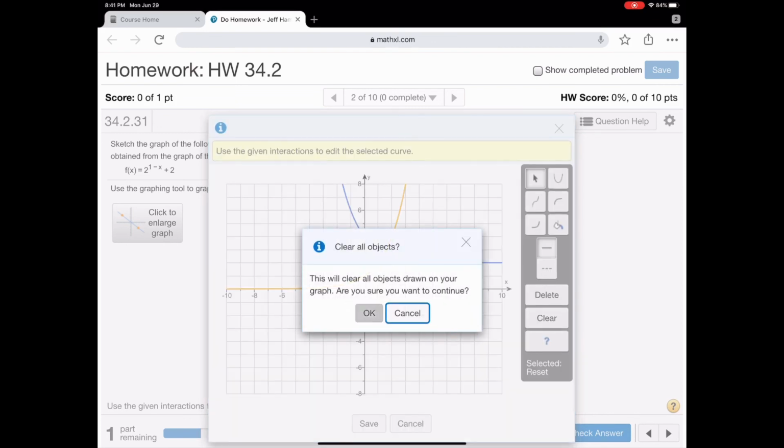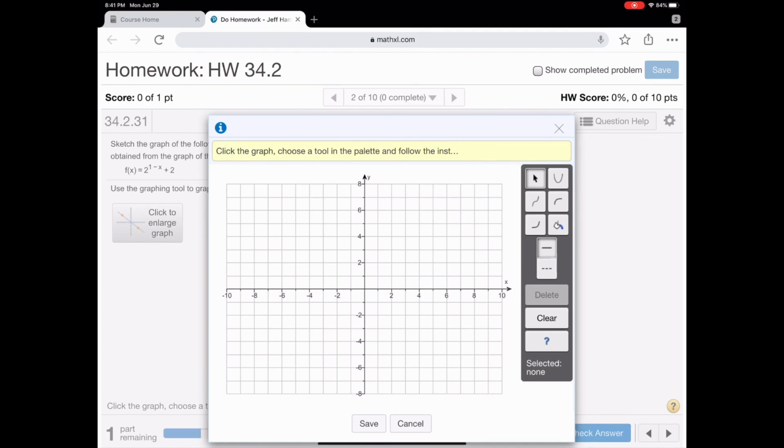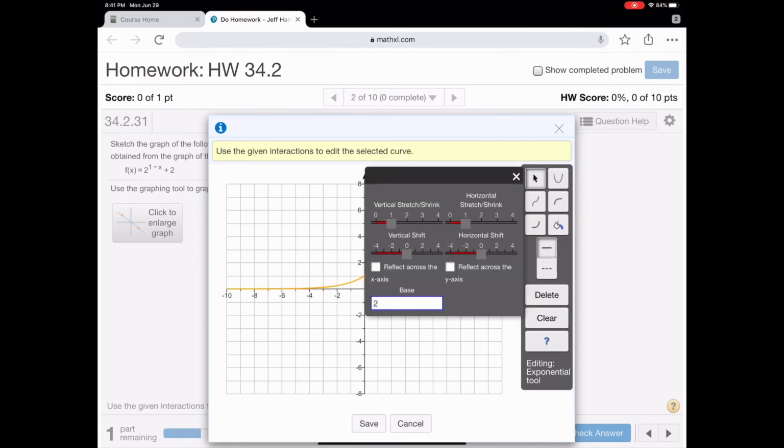Clear. Yeah, good. Okay, so I click on exponential graph, and I tap anywhere on the screen, and then, let's see, vertical shift, it goes up 2, yep. It reflects across the y-axis, yep.